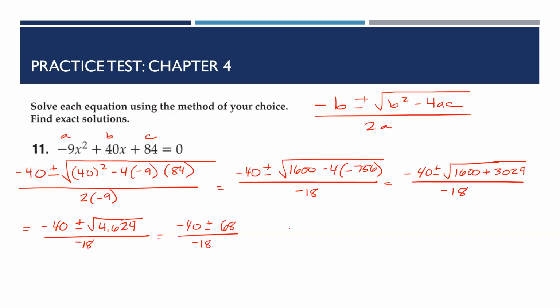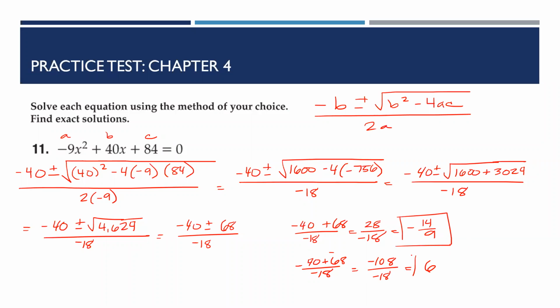So when you do negative 40 plus 68 over negative 18, you end up with 28 over negative 18, which if you simplify is negative 14 over 9. And if you do negative 40 minus 68, remember you add the opposite, okay? This ends up being negative 108 over negative 18, and negative divided by negative is positive, and it's exactly 6. So your two solutions are negative 14 over 9 and positive 6.